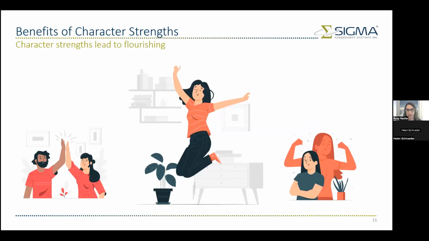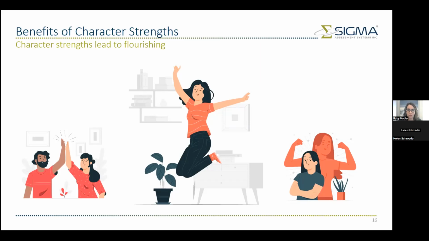So they've looked at it, I want to say almost literally anything you can think of, but they've looked at it at work, they've looked at it in schools, they've looked at it across the lifespan. And across the board, it's really safe to say that there are benefits for everyone to bring forward your character strengths and to be aware of them.